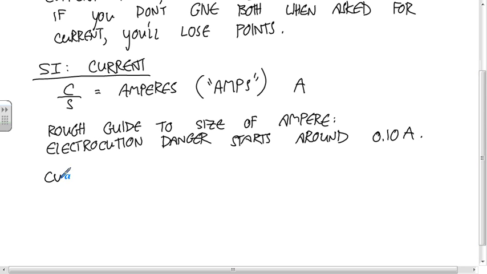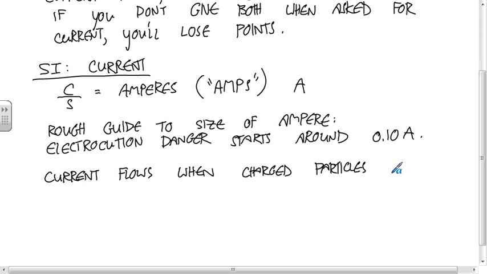So current flows when charged particles are free to move in the presence of a potential difference.